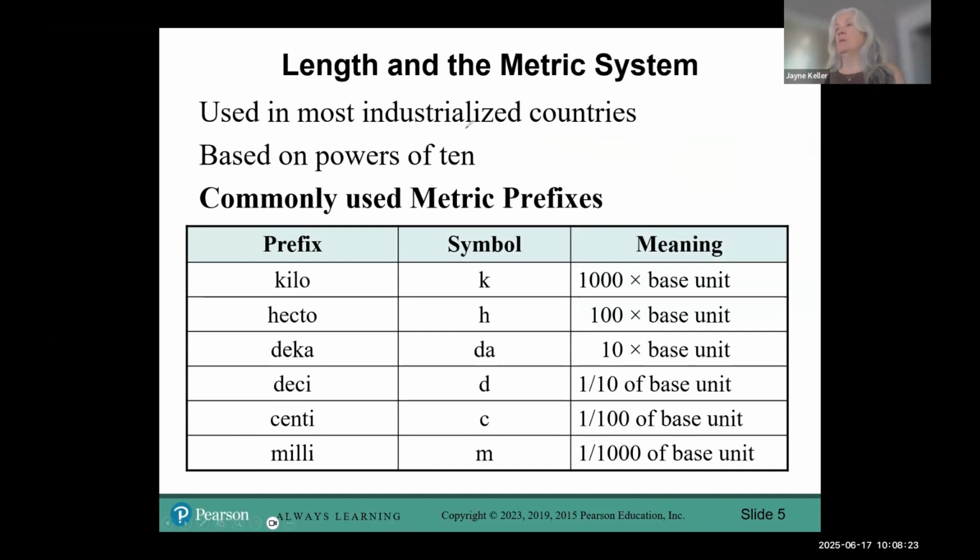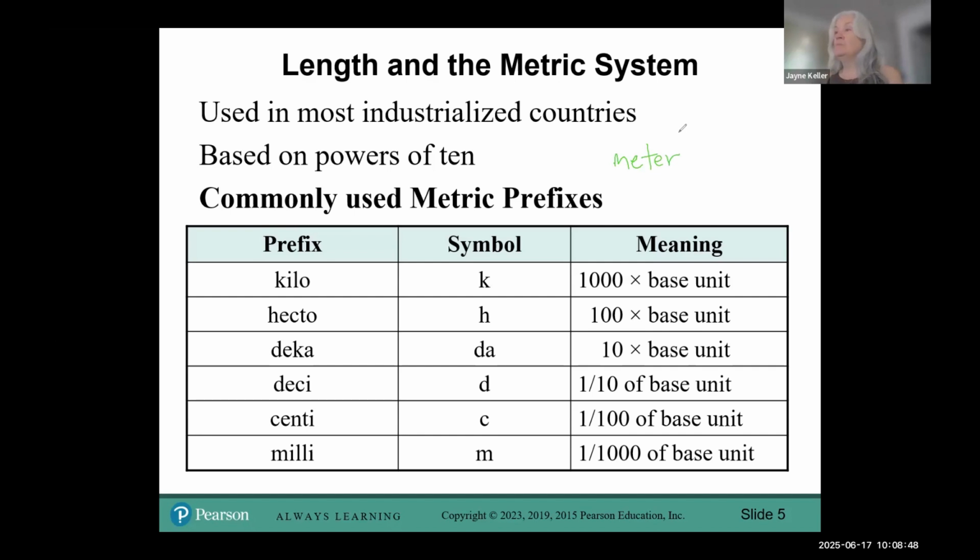For the metric system, and this is true for everything, not just length, in the metric system, for each of the things that we measure, length, weight, volume, we have a base unit, and for length, it is the meter. Write that down. So the base unit is meter, and it's about a yard, or about 3 feet.